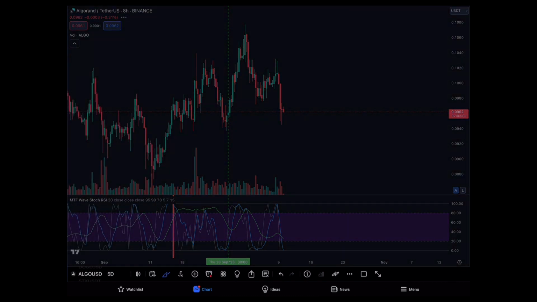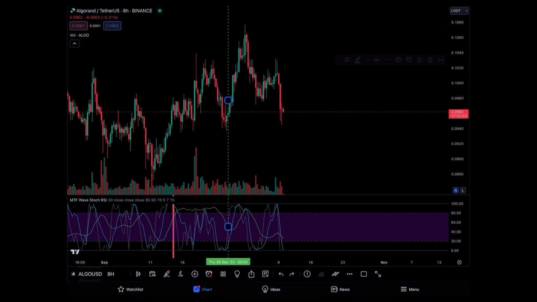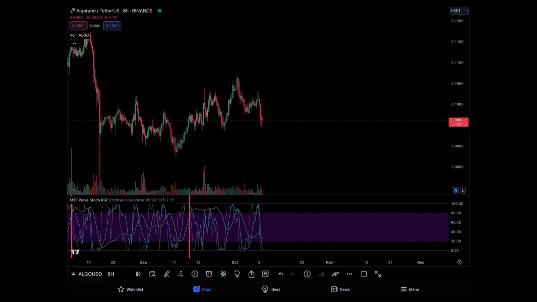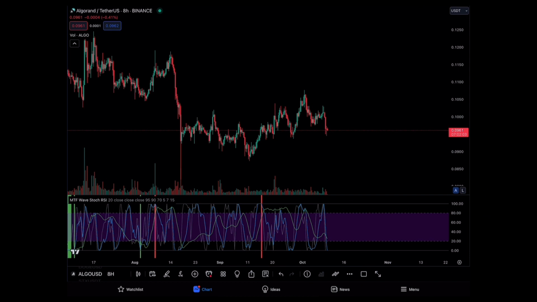You can trade this based on other means, but the MTF for this one is not really clear, so I'm just skipping this one. And yeah, I think I'm gonna stop at these. And now let's move on to Bitcoin.